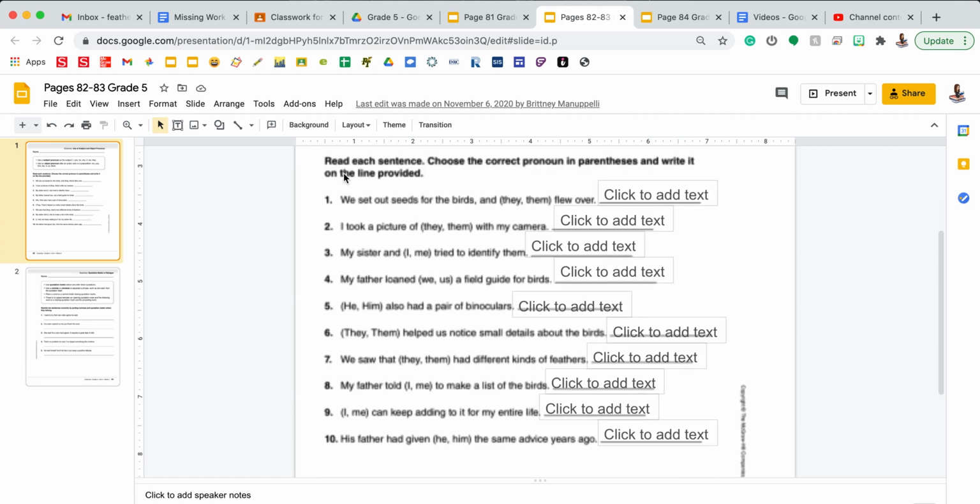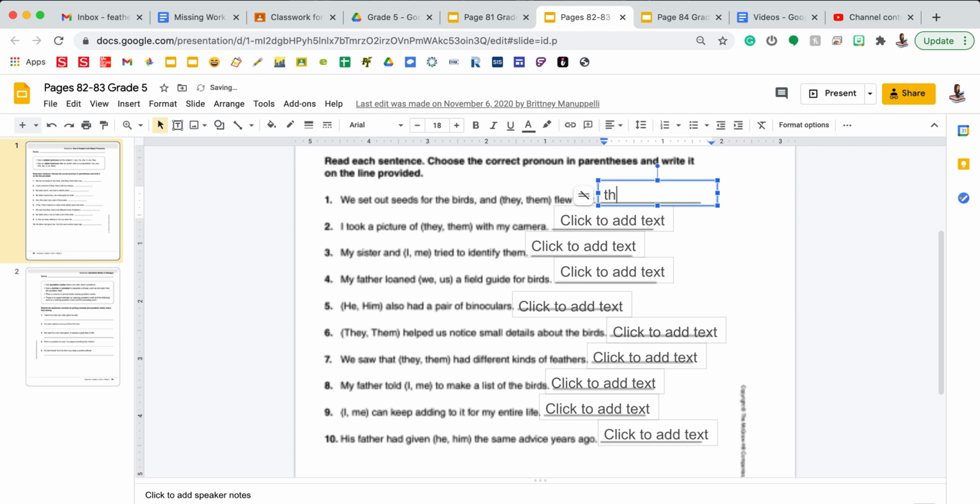The directions state to read each sentence, and you're going to choose the correct pronoun in parentheses and write it on the line provided. Number 1 says, we set out seeds for the birds and blank flew over. I need to choose between they and them. We set out seeds for the birds and they flew over, or we set out seeds for the birds and them flew over.